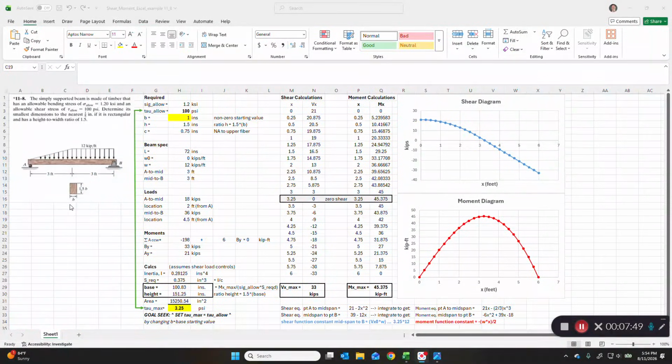The second problem is a little bit more involved, more sophisticated, perfect for Excel because we have some very nice graphics and we're looking to use a goal seek function to design this beam.